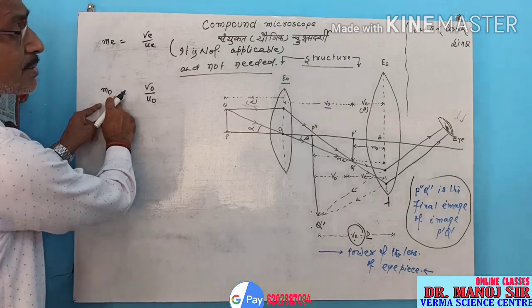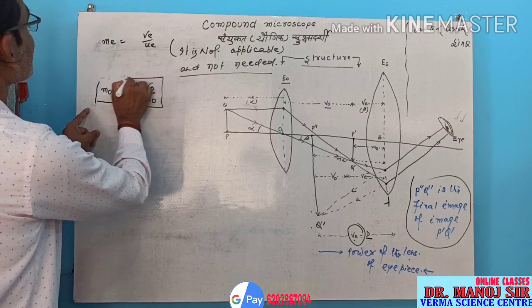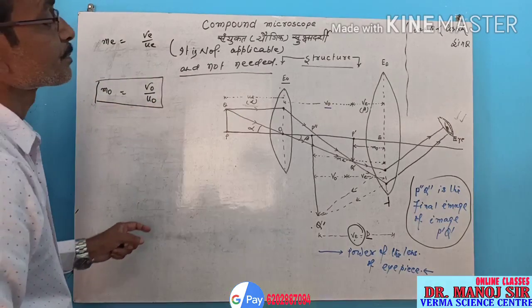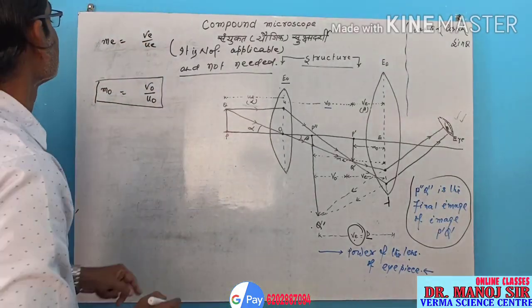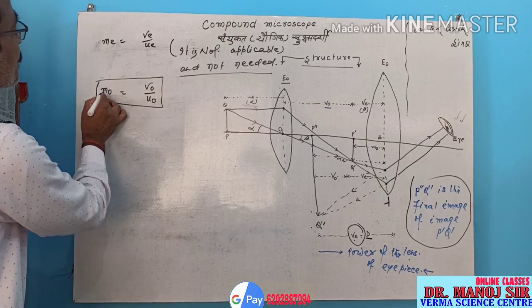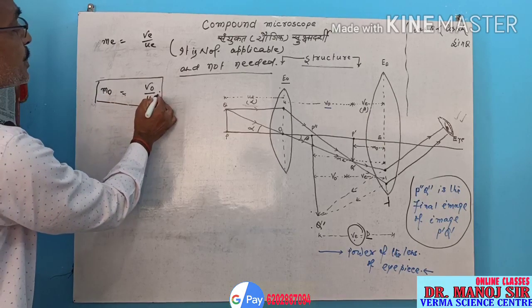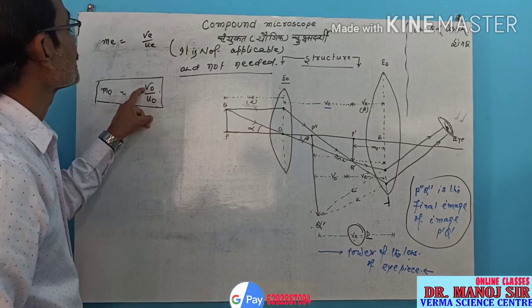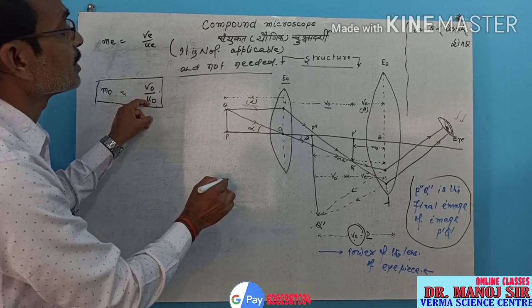Here you have to become most attentive. Magnification of the objective piece is the ratio of the image of the objective piece and the object of the objective piece.